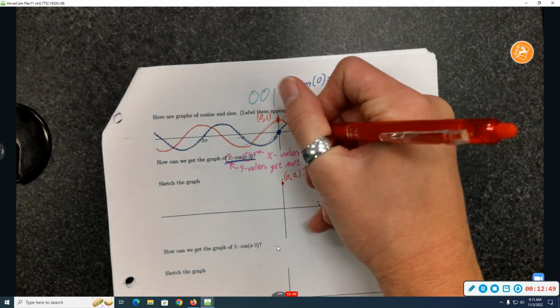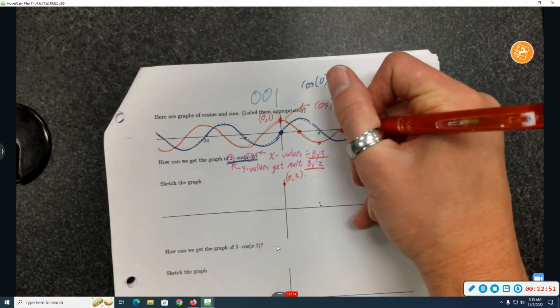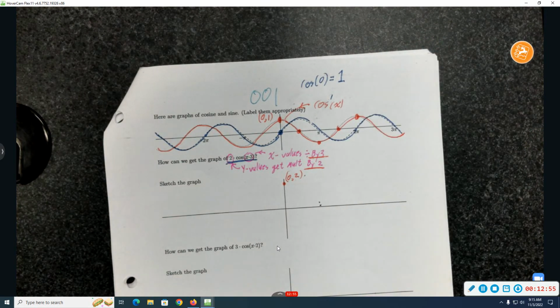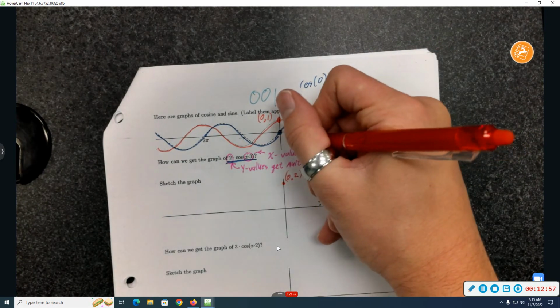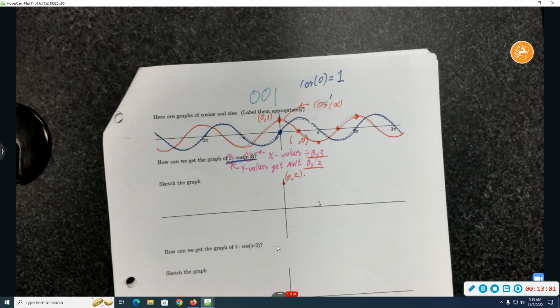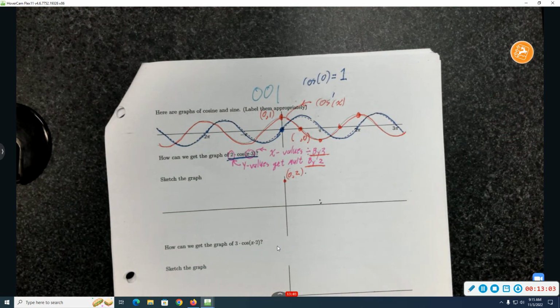And let's also just trace those 5 points out. So here's the point that has a y value of 0. What's that x value? The y value is 0.